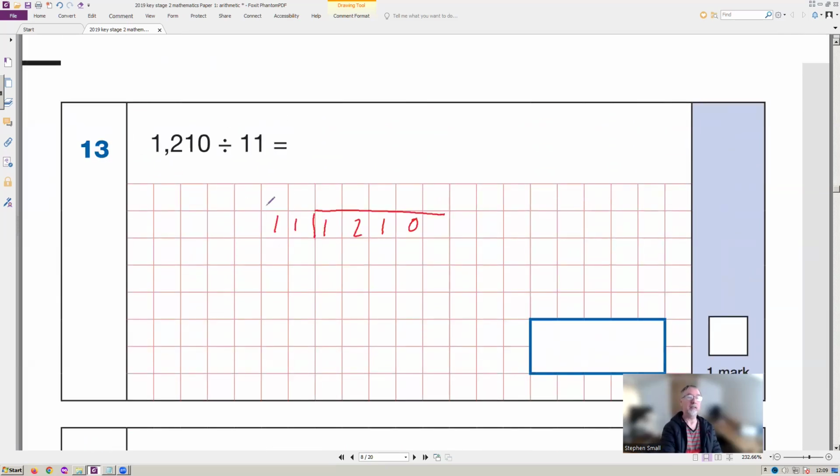Remember when we started. 11's into 12, let's do it formally. 11's into 1 won't go, you move the 1 across there. 11's into 12 goes on top of this, it goes once, and there's 1 left over, so you put the 1 there. Because you go 1, 11 is 11. 11 from 12 is 1, put the 1 there. 11 into 11 goes 1. Nothing left over, 1, 1, 0. Right.